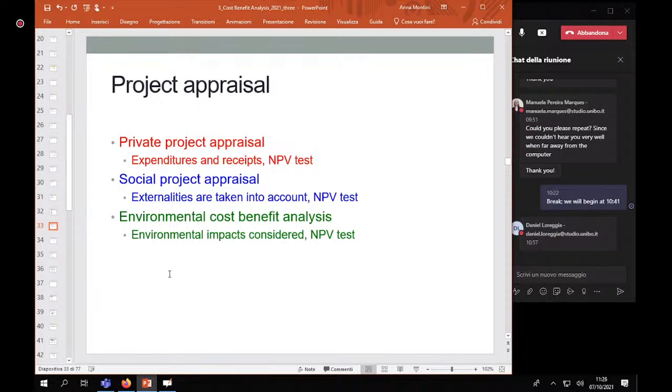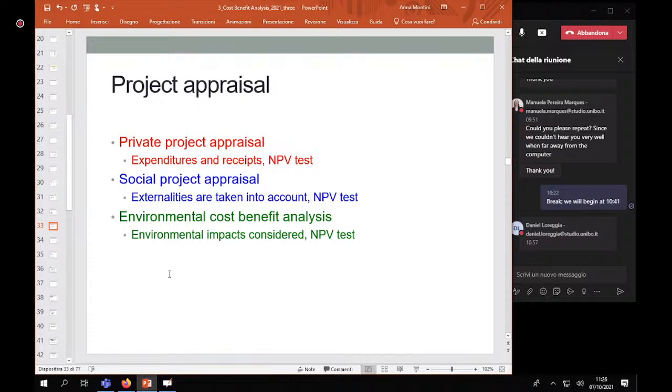When we have project appraisal, we can have private project appraisal, social project appraisal, or environmental project appraisal, environmental cost-benefit analysis. Cost-benefit analysis can be used even if you have private project appraisal, expenditures and receipts, and again, you can calculate your net present value test even if you have only expenditure and receipts.